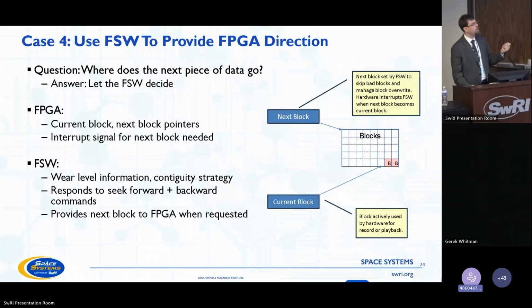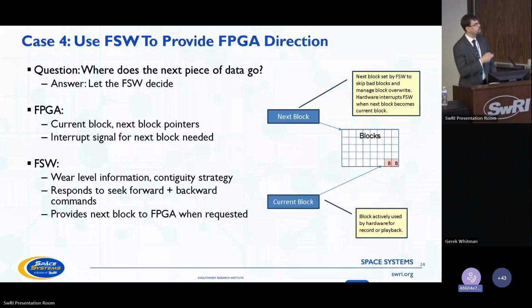And the FPGA was able to then apply all kinds of fancy optimizations to page-level read and write performance that I'm not even going to mention, but they could easily be a talk in themselves. Okay, so that seems to be a fairly decent division of labor between flight software and FPGA.